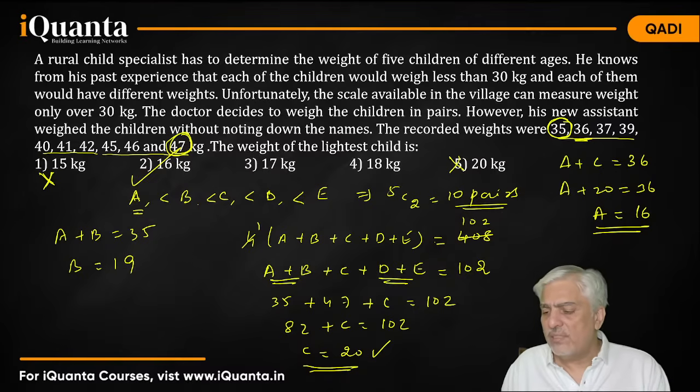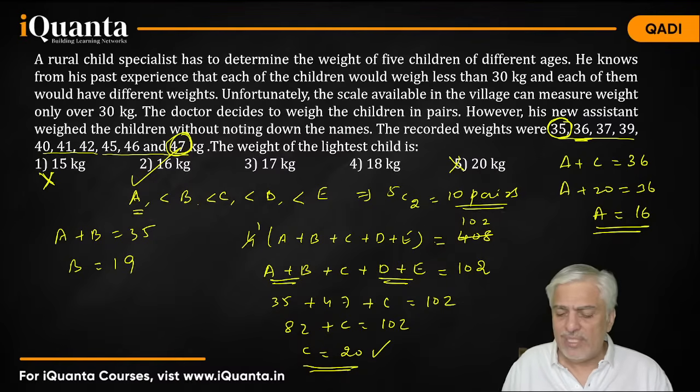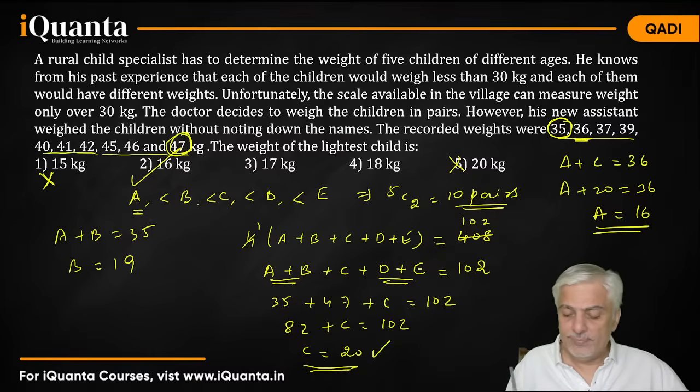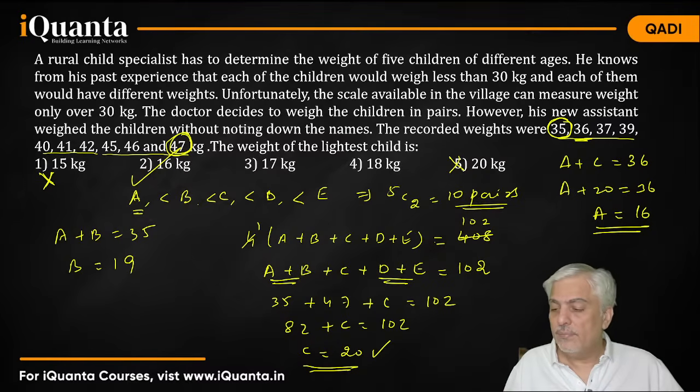Addition of all 10, somebody is saying 446. Can somebody check? I think it was 408. Please check your calculation. It is 408. Okay, no problem. Let's continue. He must have made an error. It's okay.